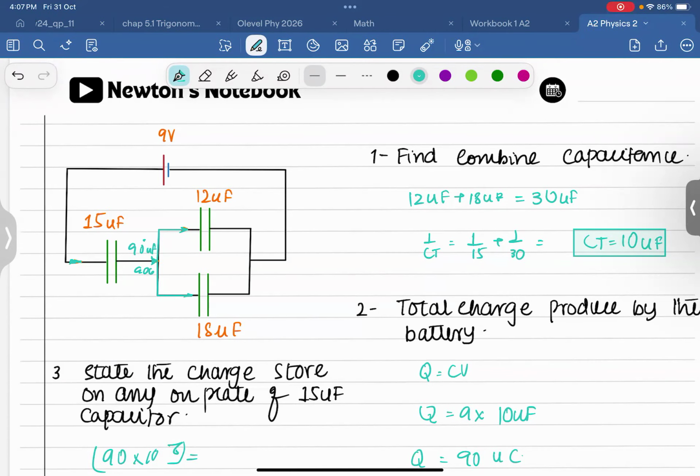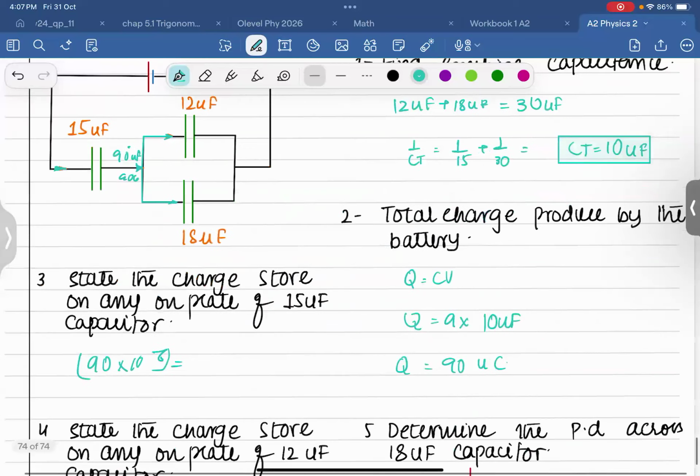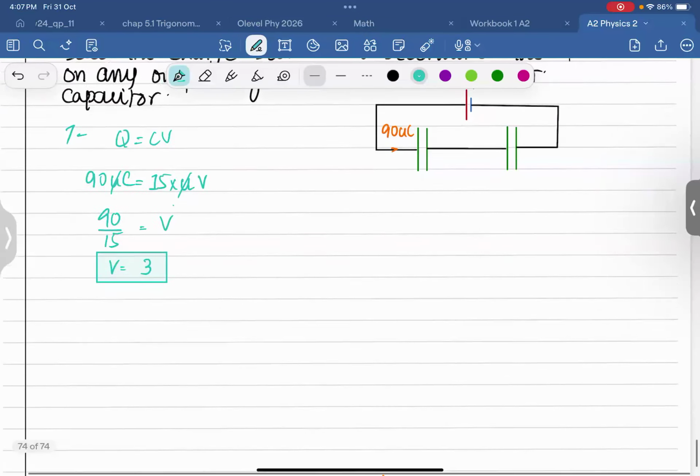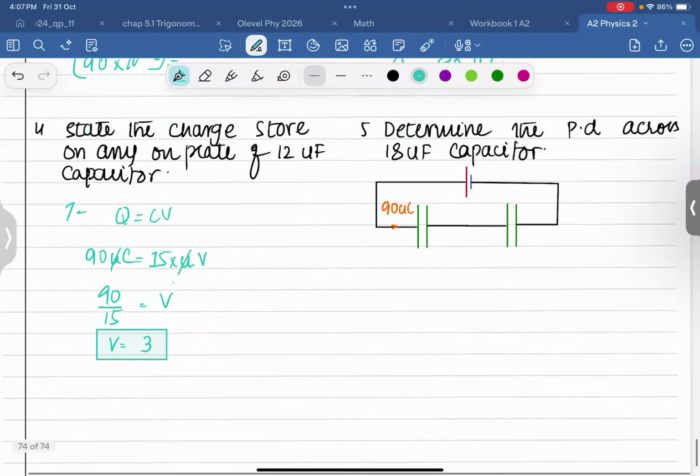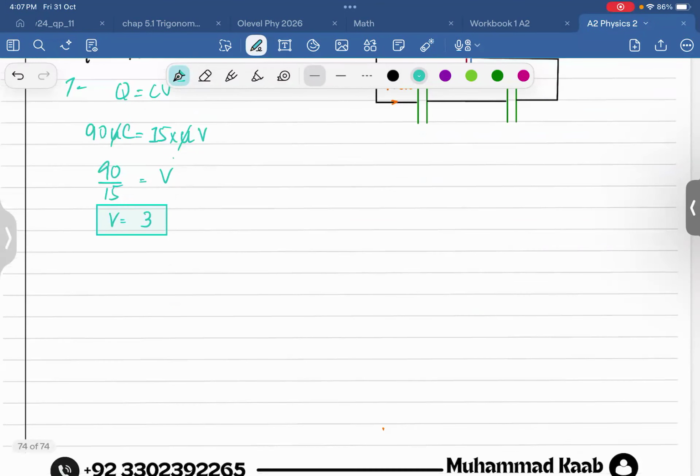Now the last thing: if we have the voltage 3 across it, there will be a 6 volt drop across here. For that 6 volt, I can again use the concept Q equals CV.